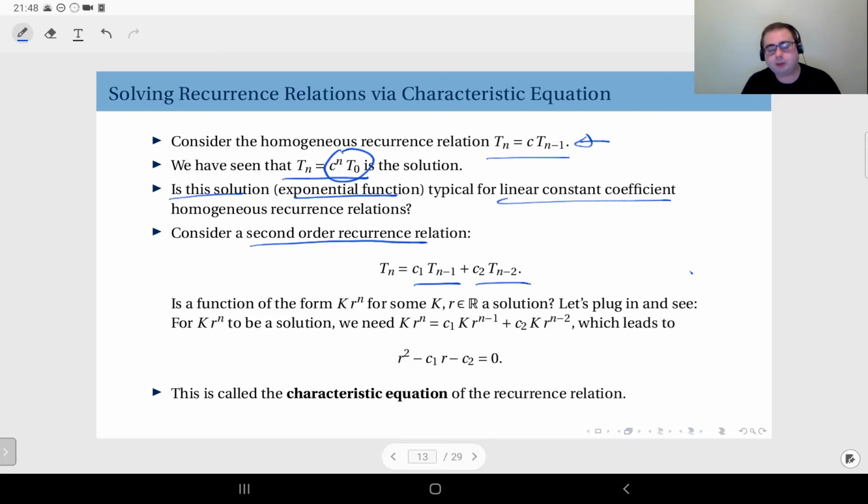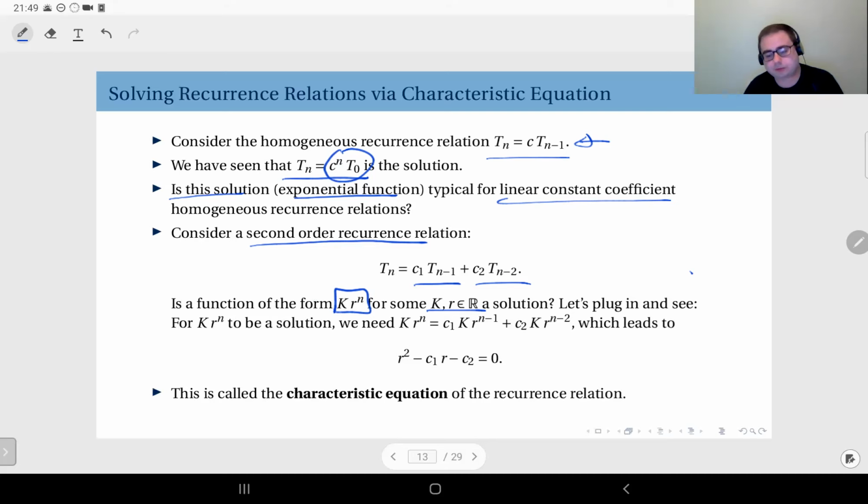If you remember, we had some coefficient times some exponential function, right? 2 to the power n, 3 to the power n, etc. Whatever the coefficients were. So here, I'm going to assume some function k times r to power n for some k value, for some r value, which are real numbers, to be a solution.